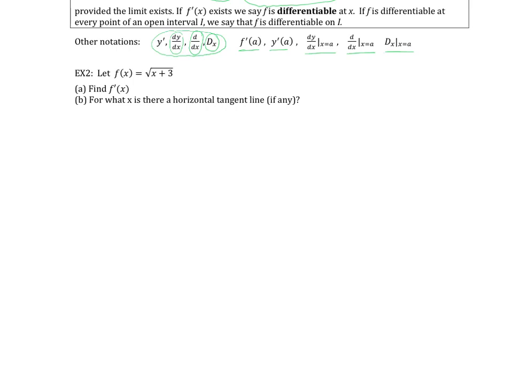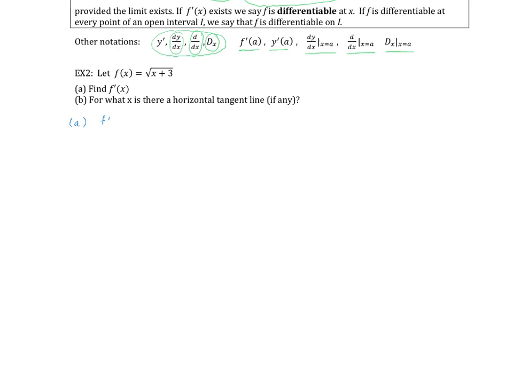In example 2, we have the function f of x is equal to the square root of x plus 3. We want to find the derivative. So when we find the derivative, in this section, we have to use that limit definition.